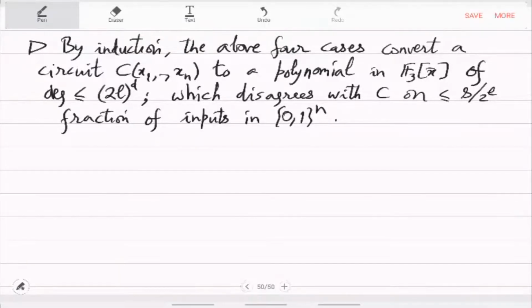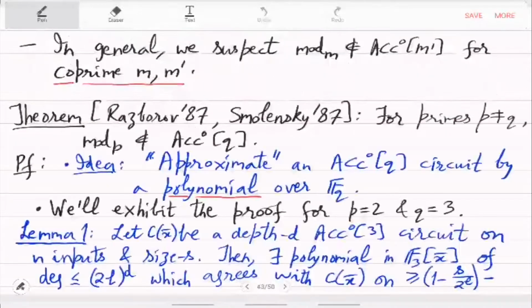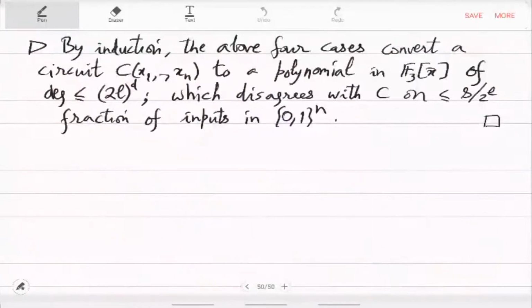Okay, so in the space 0, 1 to the n, this is the fraction. So that is exactly the statement of lemma 1. Lemma 1 is proved: an ACC0 circuit, whatever the Boolean function it computes, can be approximated by a low degree polynomial on a good fraction of inputs.